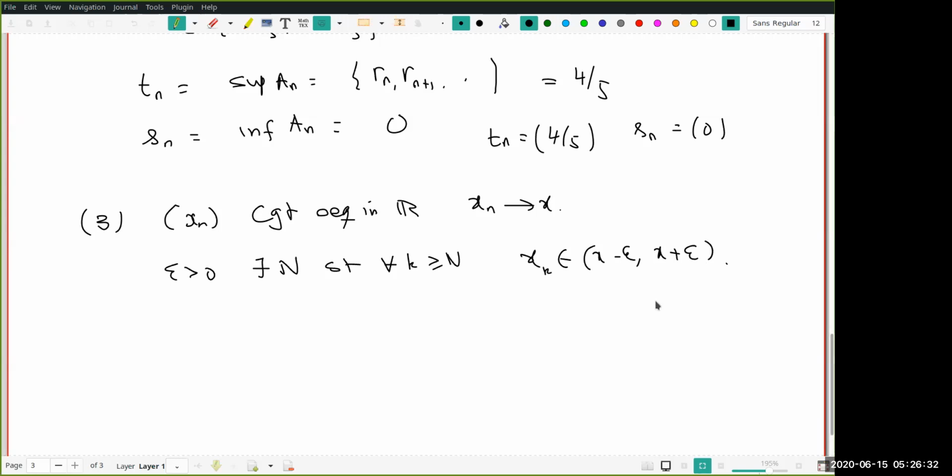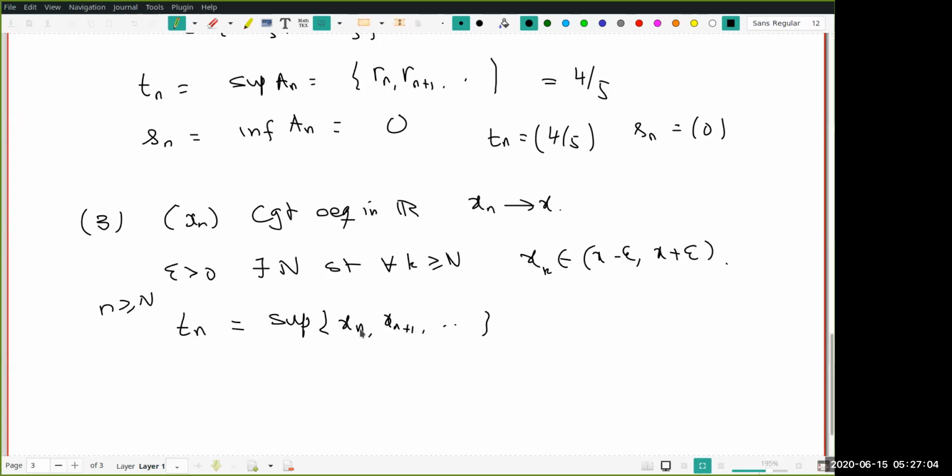Very good. Therefore, we are not going to find S_n and T_n exactly in this case, but we will find bounds for S_n and T_n. So let us look at what T_n is. Let us assume my n is greater than or equal to capital N. Then I want to find a bound for T_n for n greater than or equal to capital N. T_n is going to be the supremum of x_n, x_{n+1} onwards.